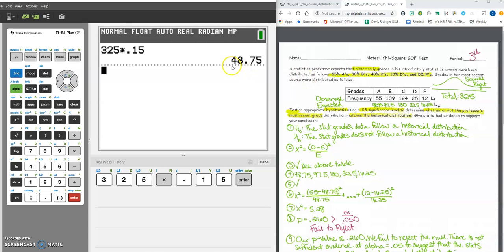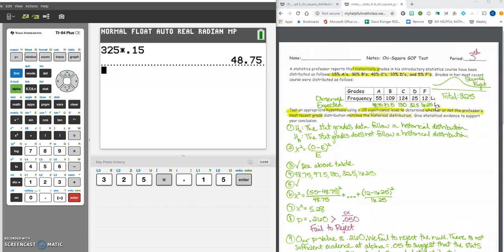And notice that gives me a total of 48.75. So our expected value of A's means we would expect in this class 48.75 to be the number of A grades in this Intro to Stats course. You'll repeat the steps the same way for each of the other percentages, which is why you now see the list of these expected values.